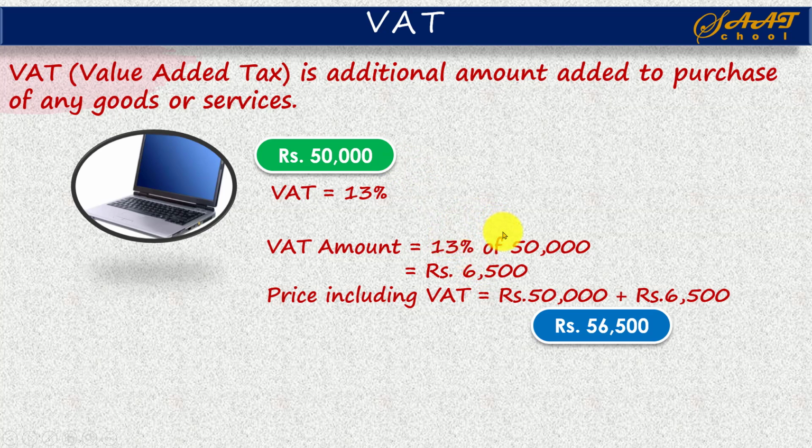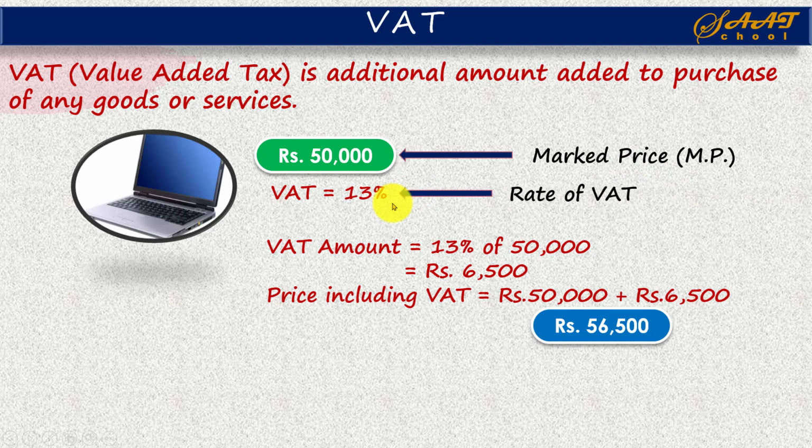If you calculate 13% of 50,000, it should be 6,500. Now, the price that you have to pay including VAT will be this 50,000 plus this VAT amount. Here this 50,000 is, you can say, the mark price or MP. Now, this is the rate of VAT, which is 13%.